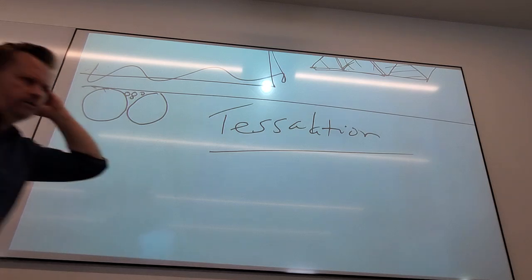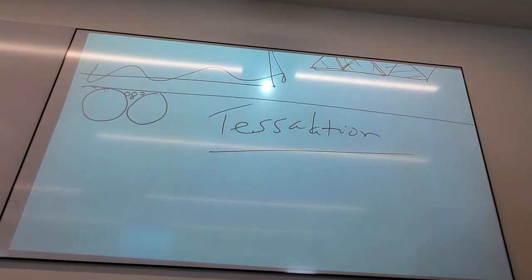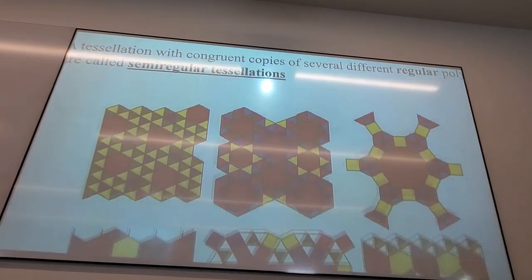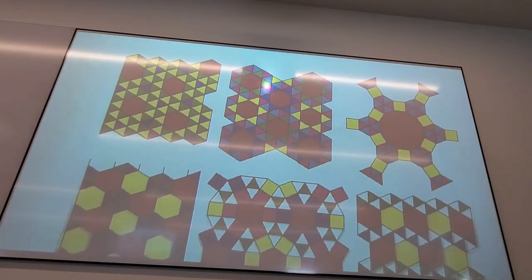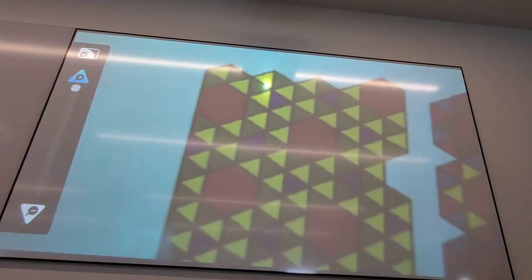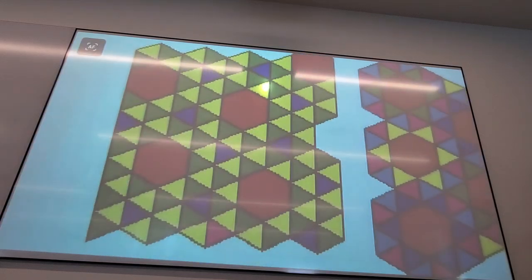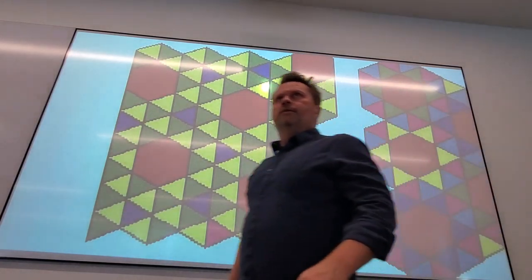So let me show you one nifty example. Or several nifty examples. Let's focus on one of them. So anything jump out at you? What shapes do you see?